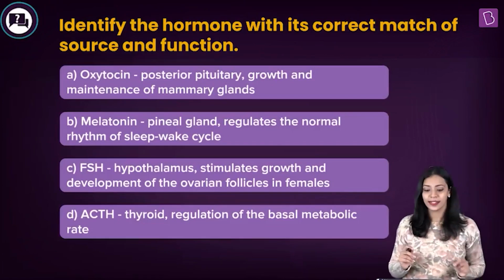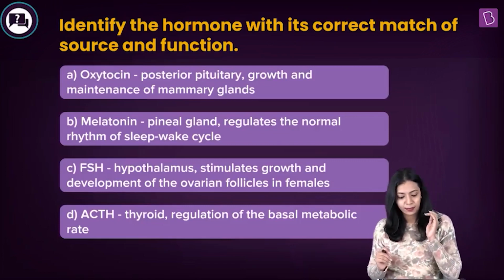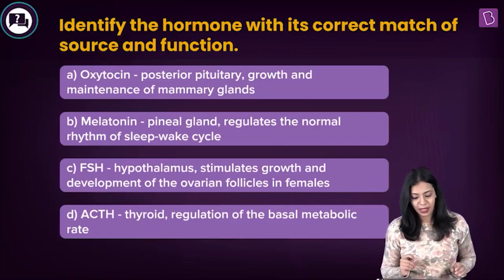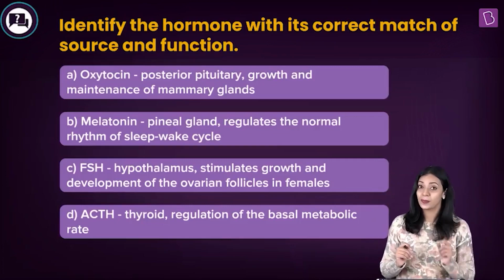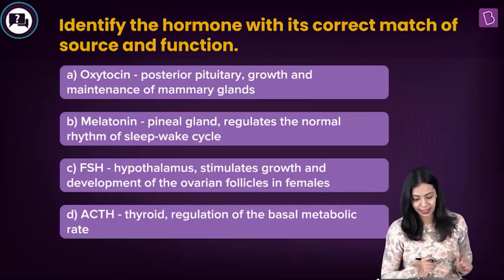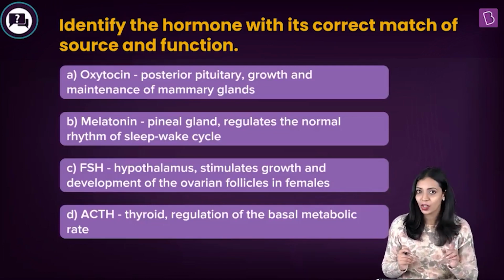Option A, oxytocin. Source is posterior pituitary and function is growth and maintenance of mammary glands. Option B, melatonin. Source is pineal gland. Function is regulates the normal rhythm of the sleep-wake cycle. Option C, FSH, which stands for follicle stimulating hormone.